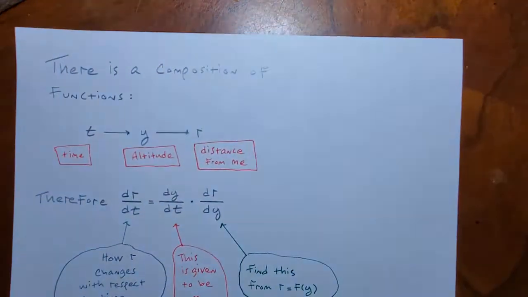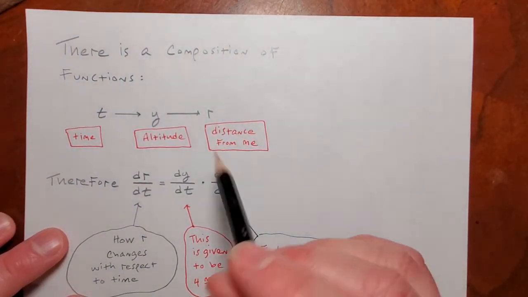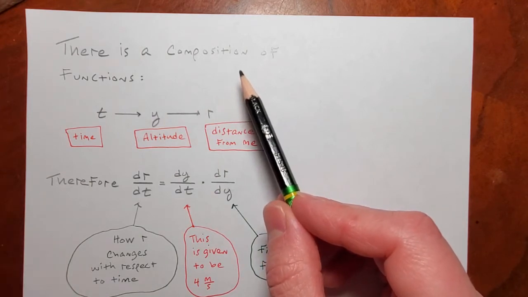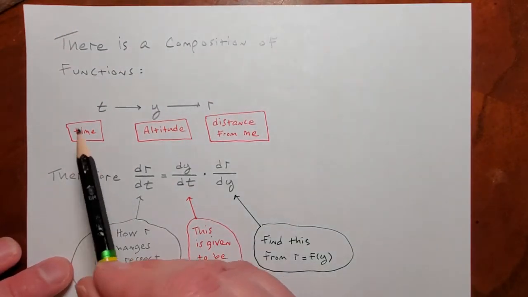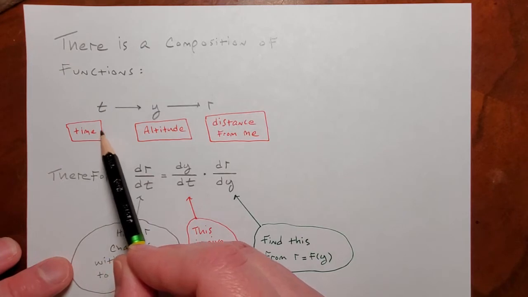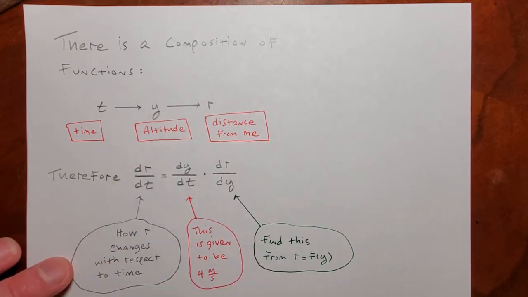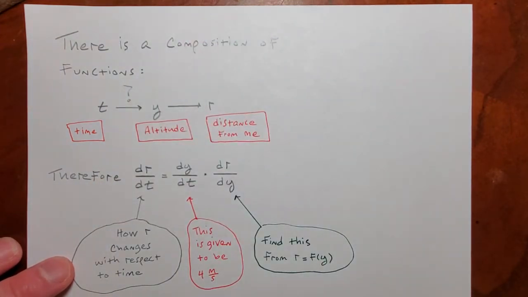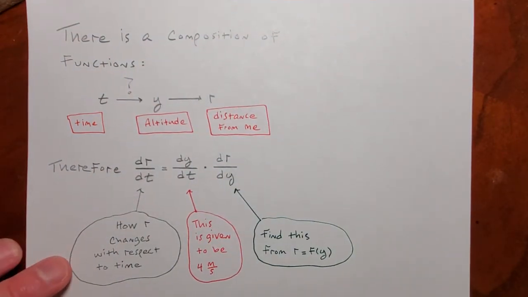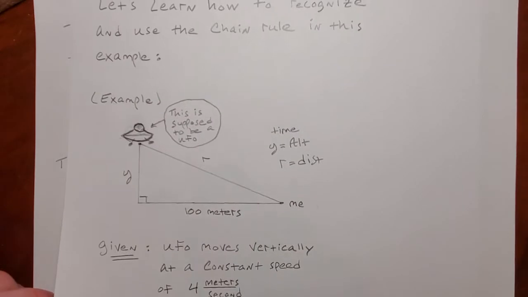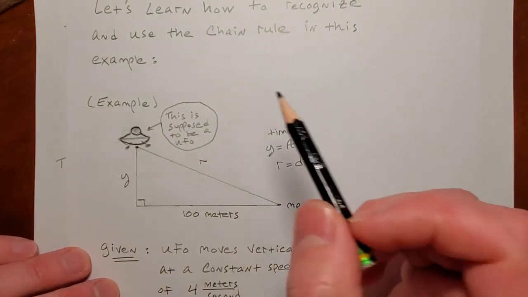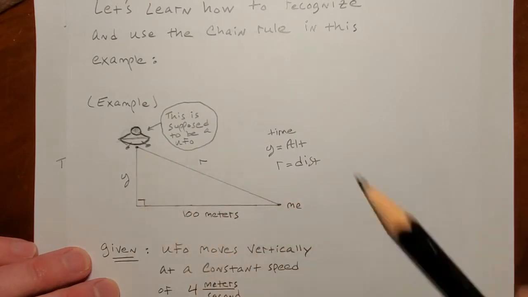But let me put a finer point on it than that. There's those 3 variables I was just talking about, but they're in composition because if I know time, then I could figure out the altitude. Now, I actually don't know the function that would do that. Like, I can't say that at time t equal to 2 seconds, the object is 20 meters above the ground.